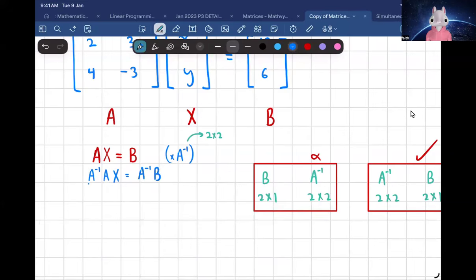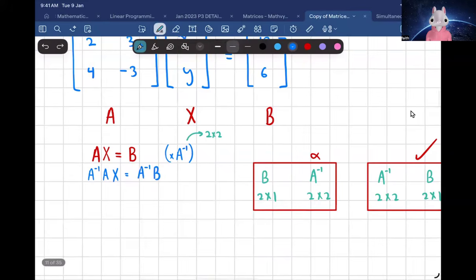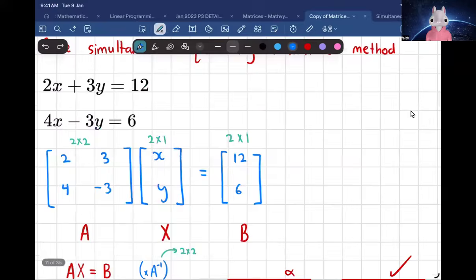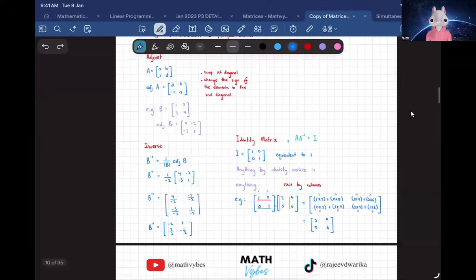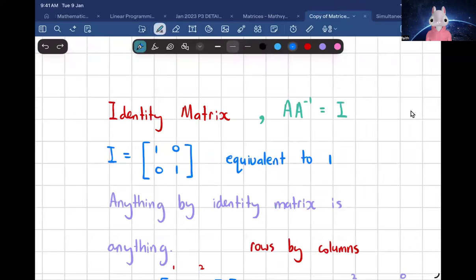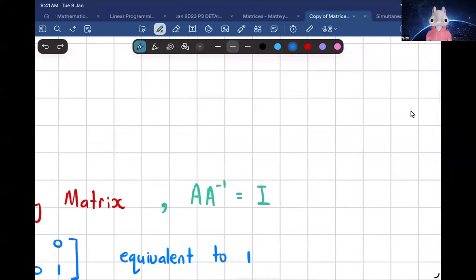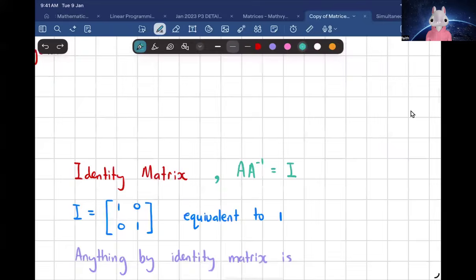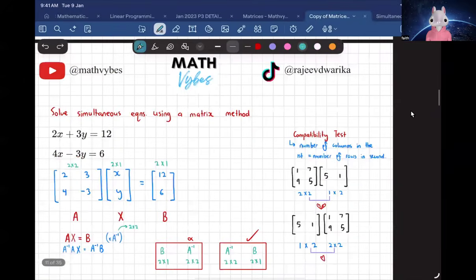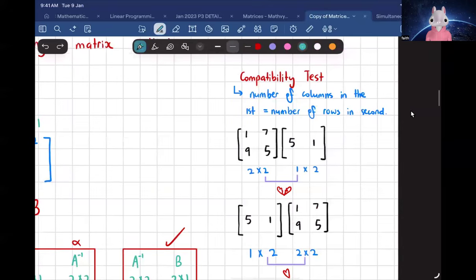Now let me ask you a question. I said that if you multiply A inverse by A, you get what kind of matrix? What's the name of that matrix? Identity. If you forget, check this. I said you get the identity matrix when you multiply A by A inverse. Now, I need to stress something. You probably realize that matrix multiplication is not commutative. What do I mean by that?